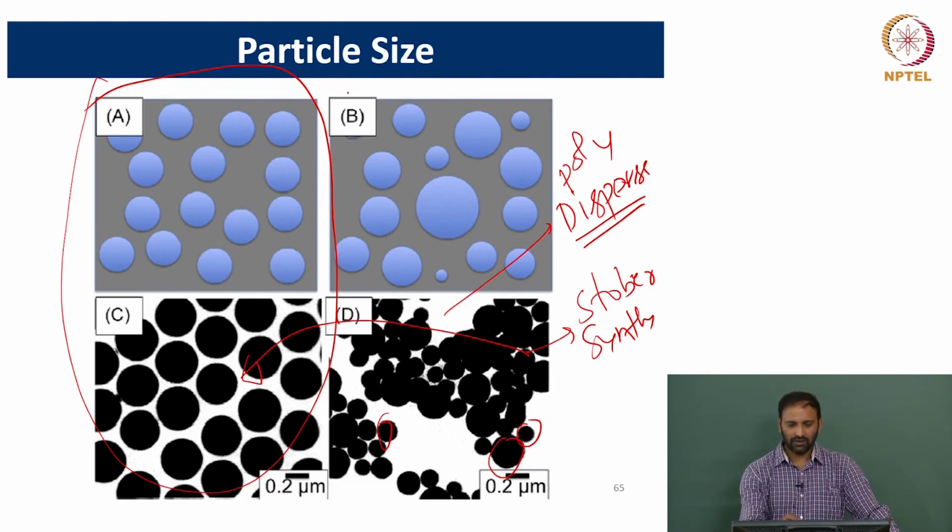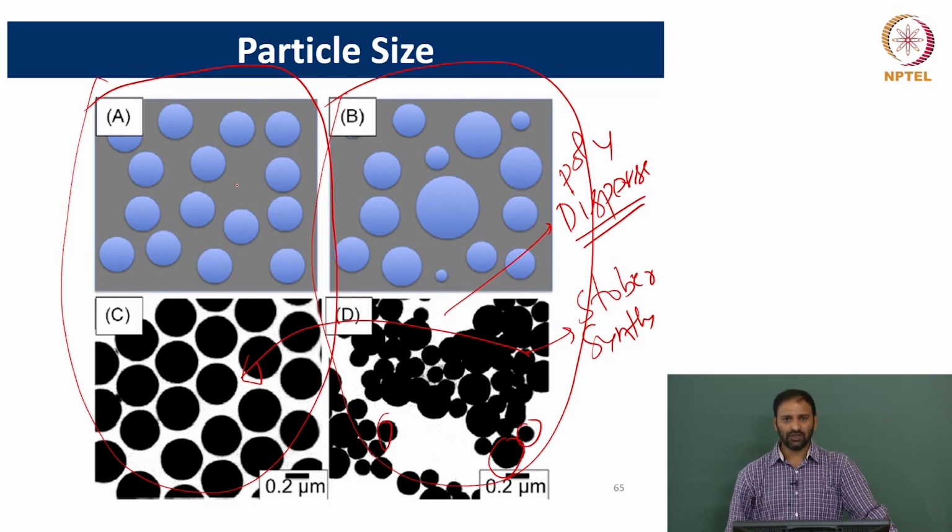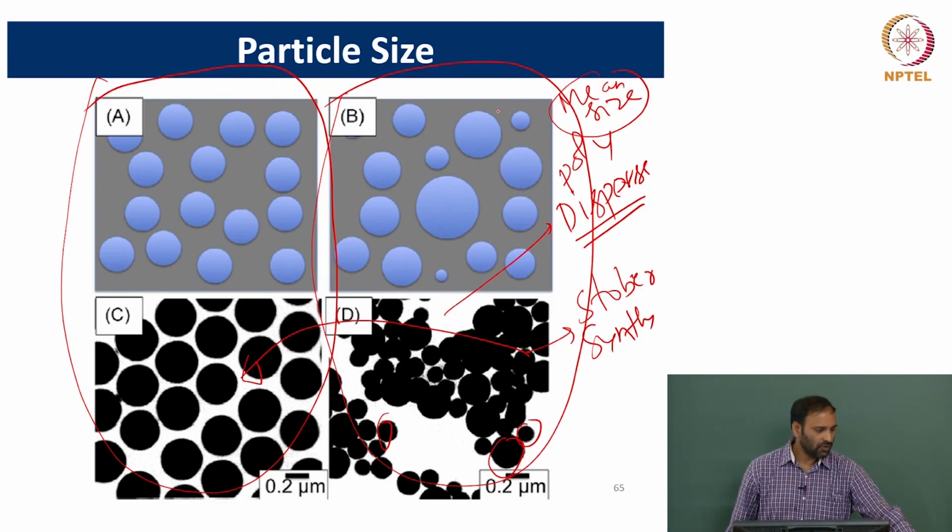However, when you have polydispersed samples, you talk about what is called a mean size, and of course, you also talk about a standard deviation, right? How much does this mean size deviate?